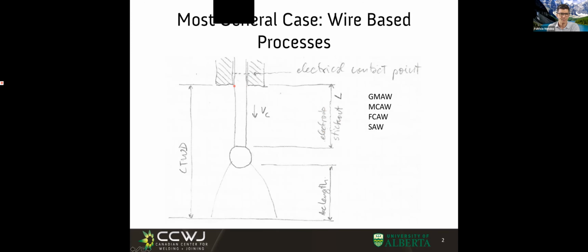Then from the contact tip to the workpiece, let's call it the contact tip to workpiece distance. And these words are important. If you look at the Lincoln Procedure Handbook, it's funny because through the whole book, they call electrode extension what we call CTWD.